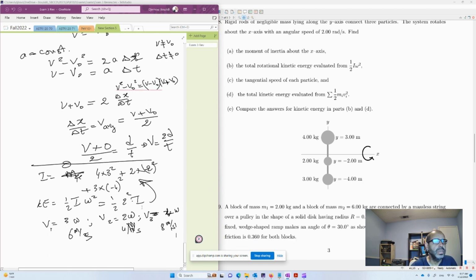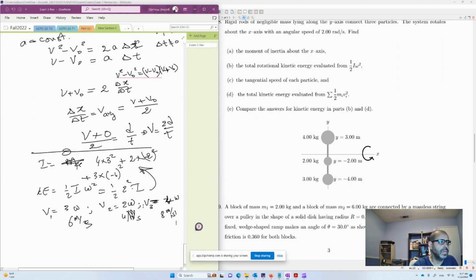The kinetic energy using this formula. Now, the kinetic energy using the other formula is basically just the sum of the individual kinetic energies. So 1/2 of the mass, which is 4, times this speed, 6 squared, plus 1/2 the mass, which is 2, times this speed, 4 squared, plus 1/2 of, again, the last mass, 3, times the speed, which is going to be 8 squared.